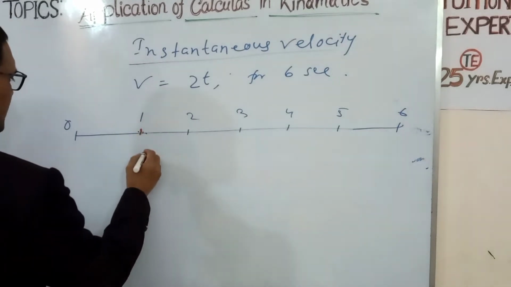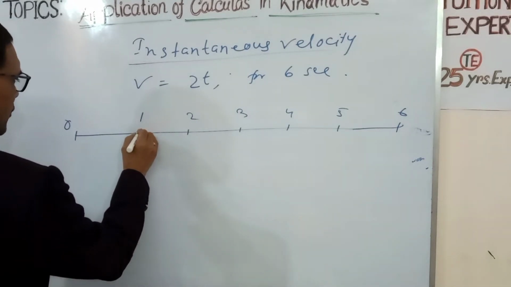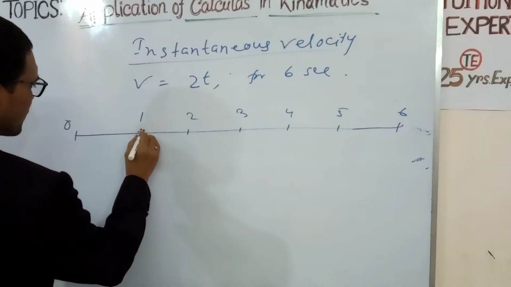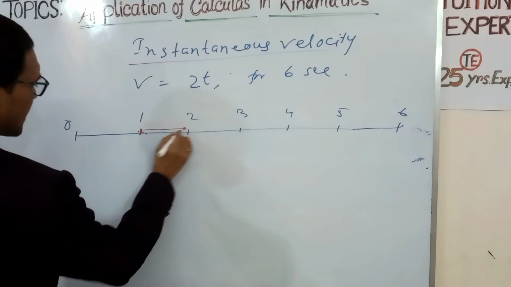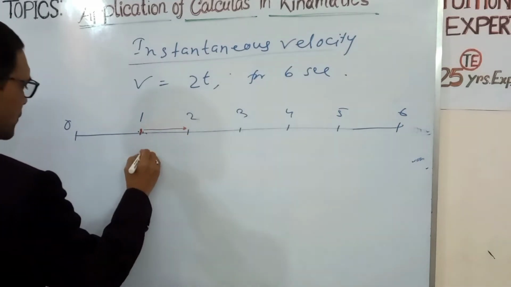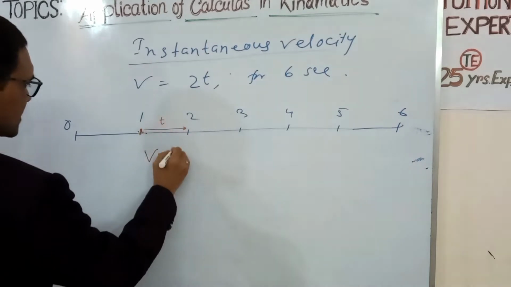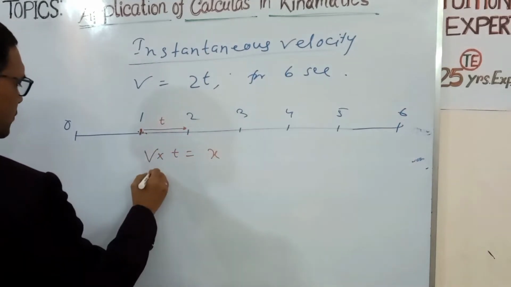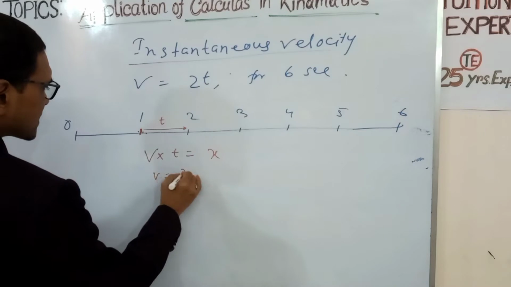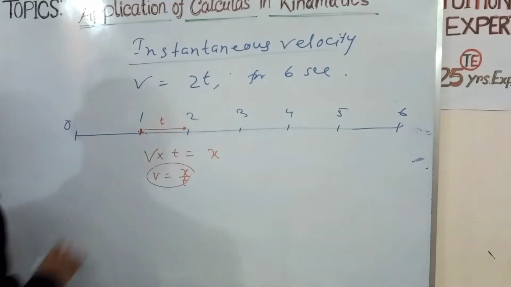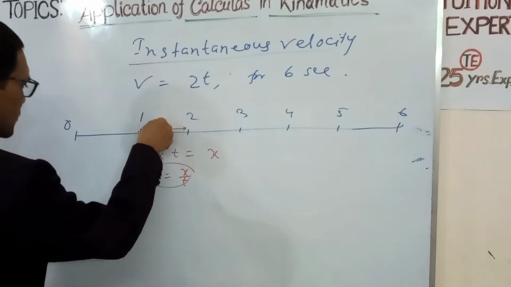Suppose a body moves with uniform velocity up to this time t. So uniform velocity into time equals distance travelled. From that we get v equal to x by t. But here velocity is not constant throughout the motion. Velocity at different moments is different.